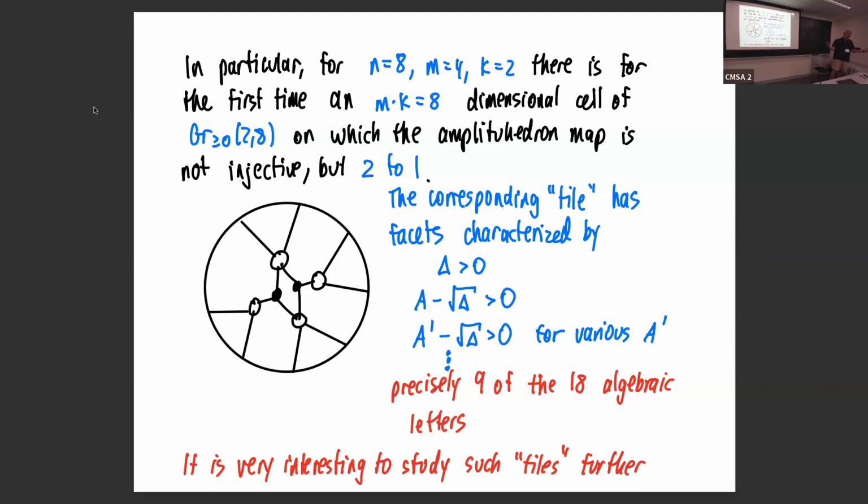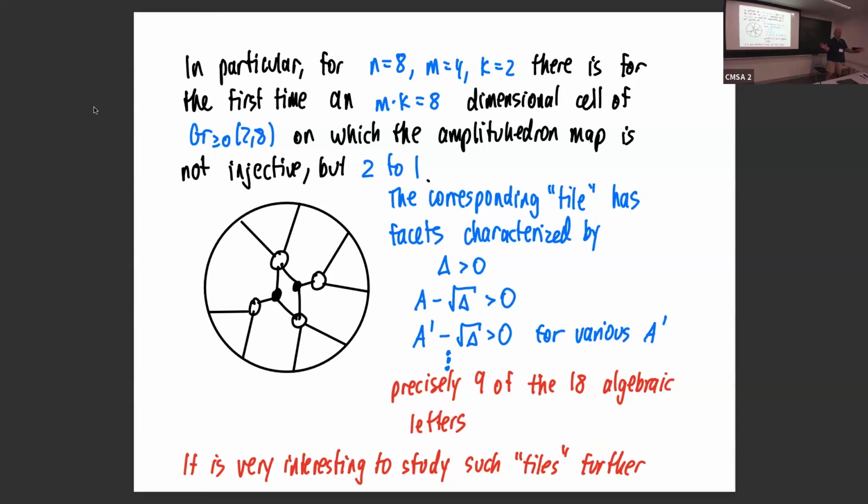Logically, it could happen that when we start computing the 87 loop amplitude, we start encountering more complicated algebraic quantities, algebraic letters that perhaps are Galois group transformations of these 18, or perhaps there's something even more complicated entirely.